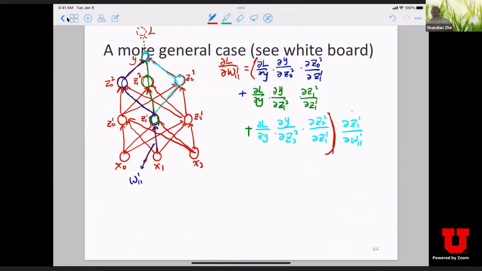Now let us look at the summation inside this big parenthesis. What does this summation mean? What can we observe from this summation?